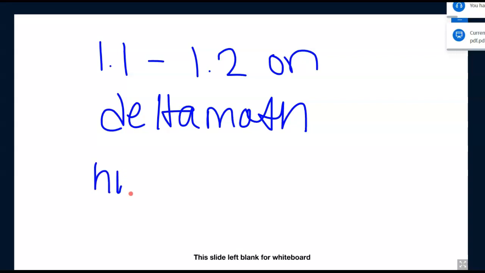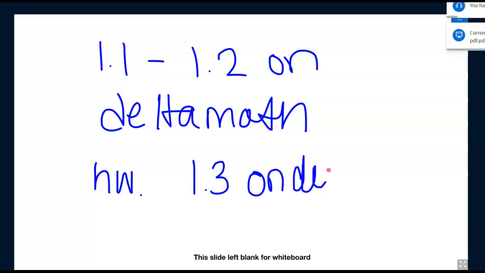And then your homework side of this is a 1.3, also on delta. So once you get everything done on delta, you're good. I don't believe we have anything to submit until, like way next week. So you use the remaining class time now to work on that. And that's it.